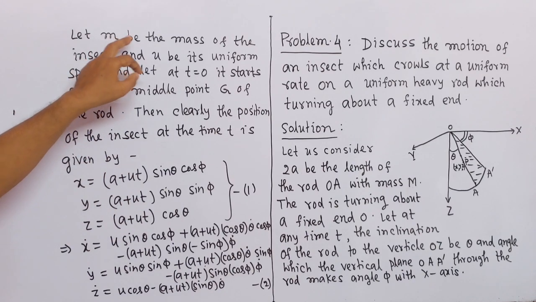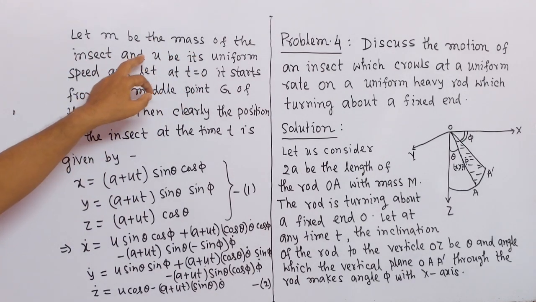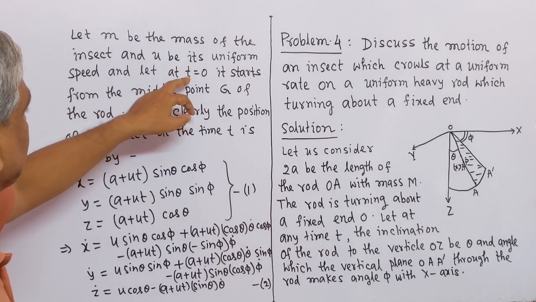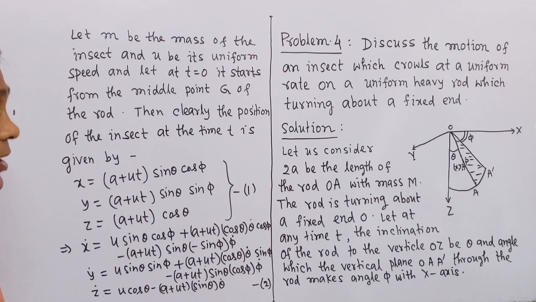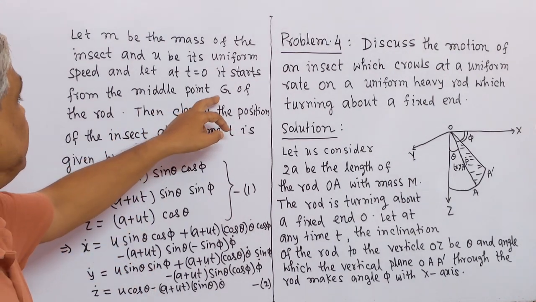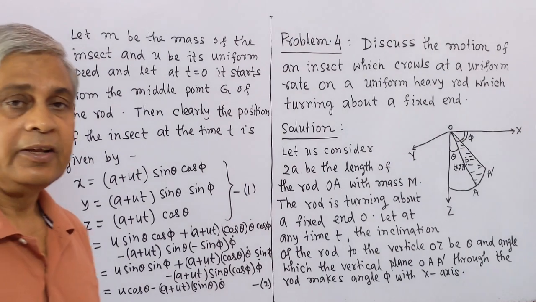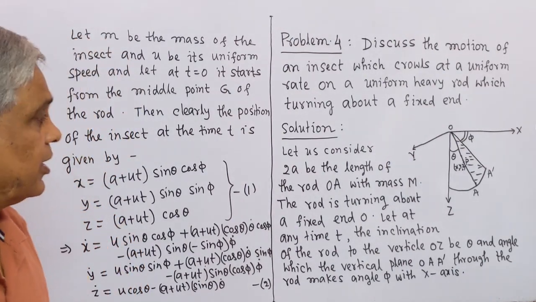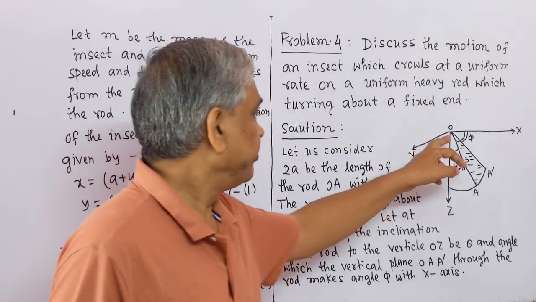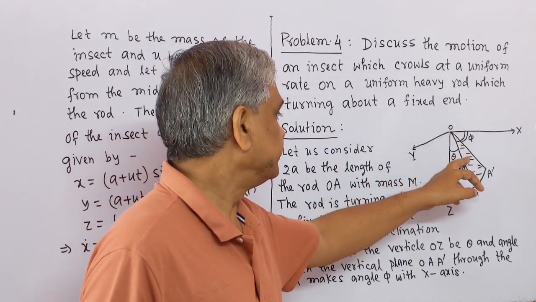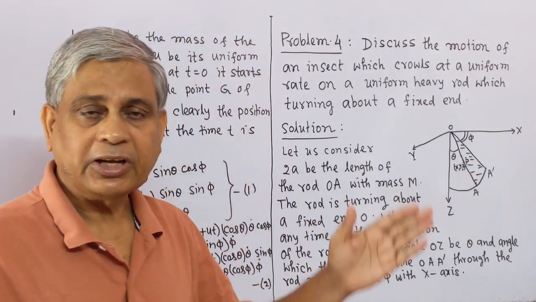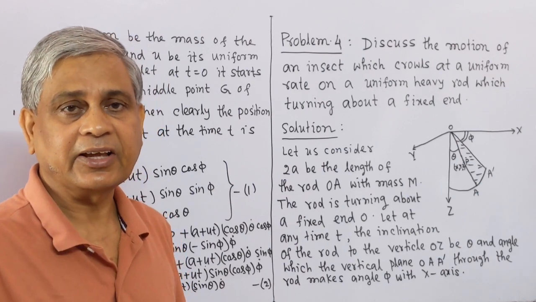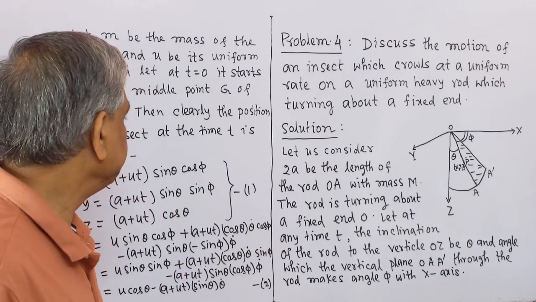Let at t equal to 0, it start from the middle point G of the rod. Because the length of the rod is 2a, the middle point G is at a distance a from the fixed end O.